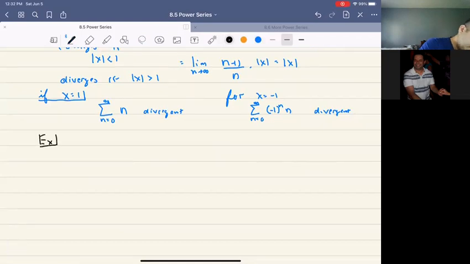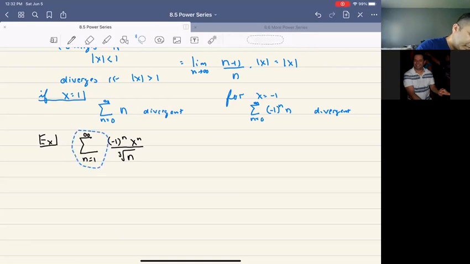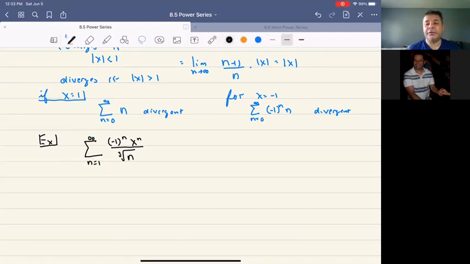Let's take a look at the sum, n goes from 1 to infinity, of negative 1 to the n, x to the n, over the cube root of n. Now, we're going to look for the radius of convergence via the ratio test.